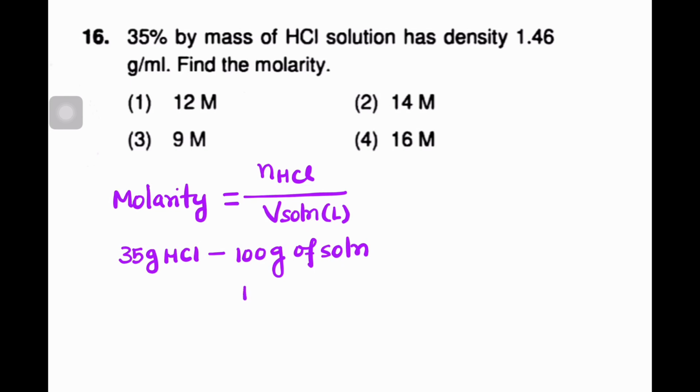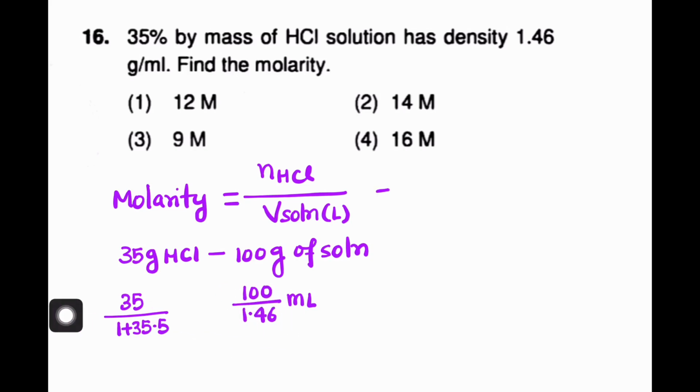We have to just divide 100 by 1.46 ml. This is the volume of 100 gram, and 35 gram means how much mole? You know that HCl is 35.5 plus 1, so its mole is 35 by 36.5. So 35 by 36.5 moles of HCl is present in this much volume.